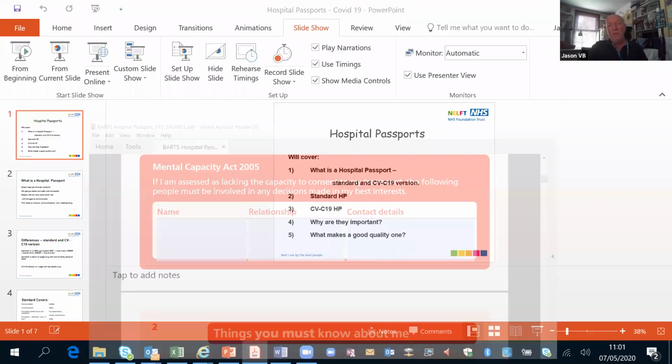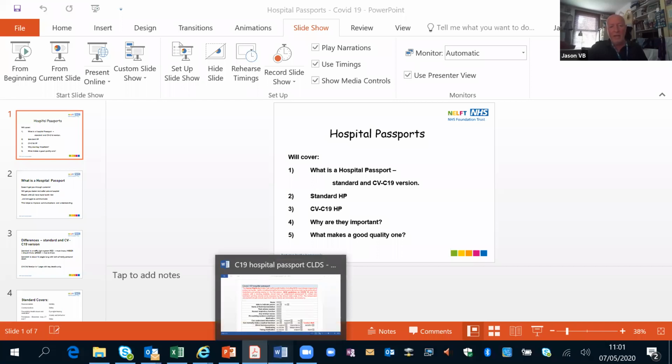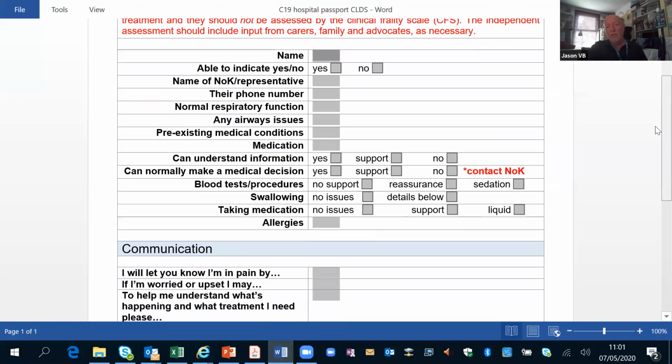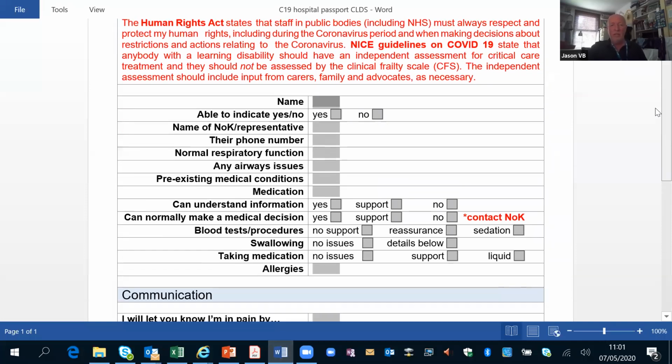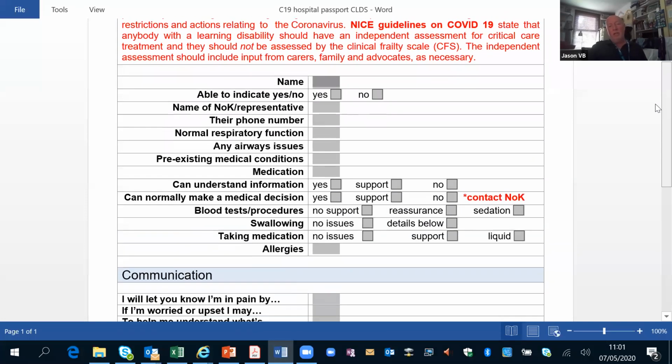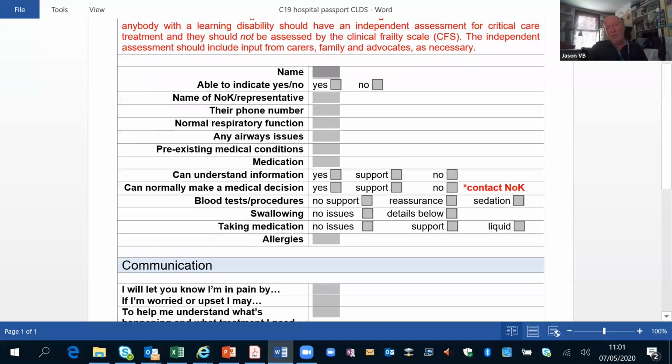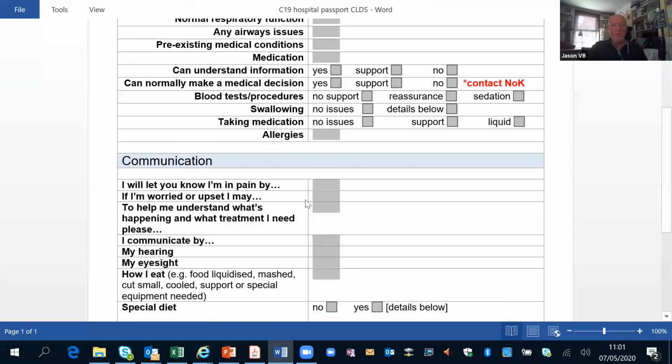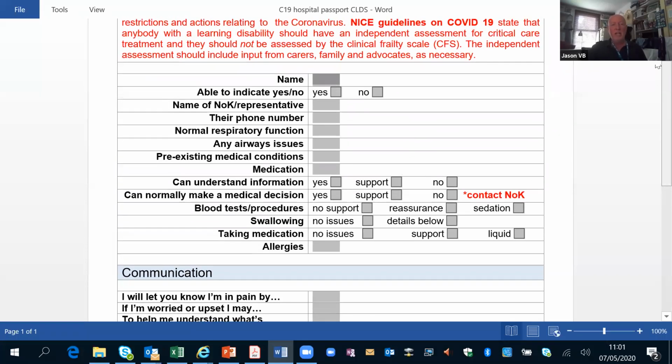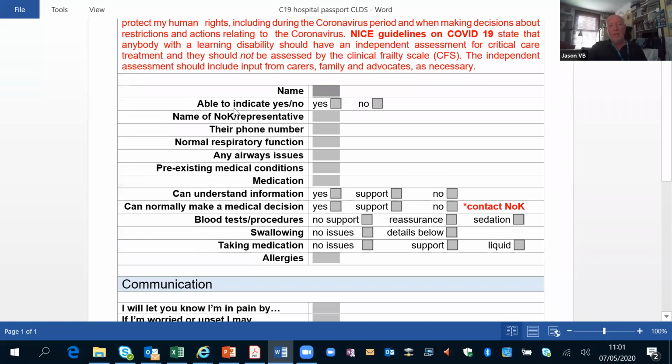I think the idea behind the COVID-19 one is that it is just really very quick. If you need to do something in a rush, God forbid, you can get a lot of these details in there, maybe get a few quick phone calls in to get some issues around the communication stuff. So as I said earlier, there's the name, and next of kin, respiratory function, pre-existing conditions, and these are expandable boxes, by the way, so that will push it into 2 pages normally.